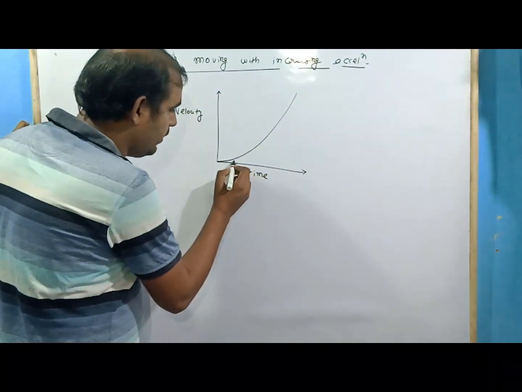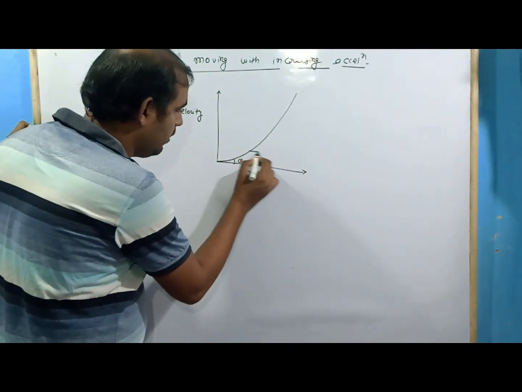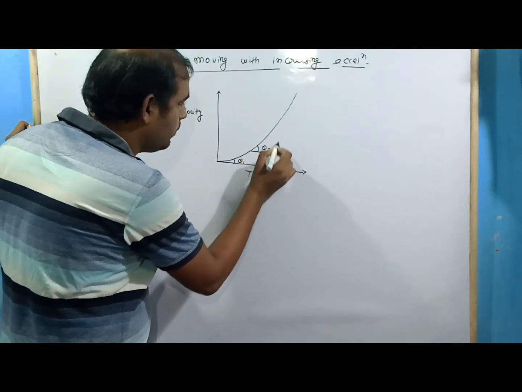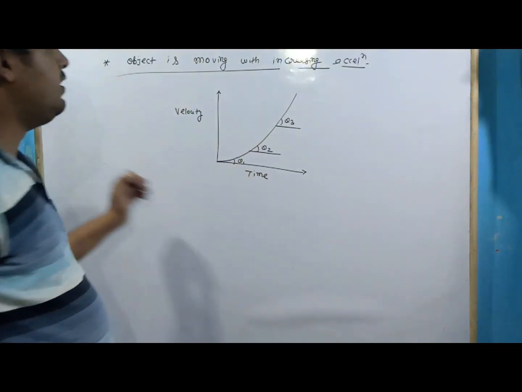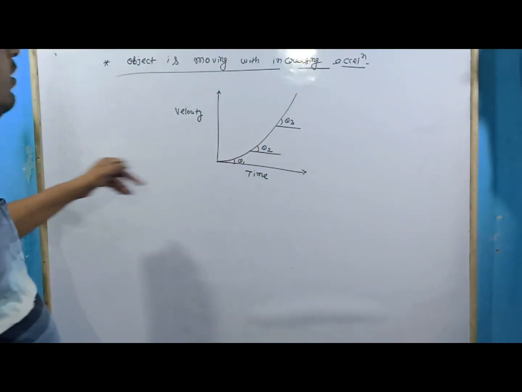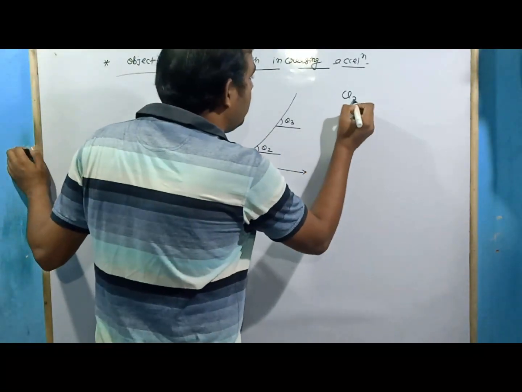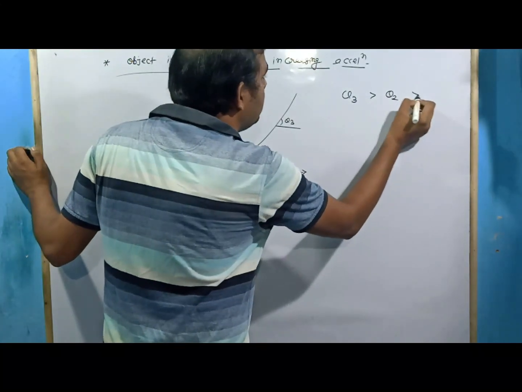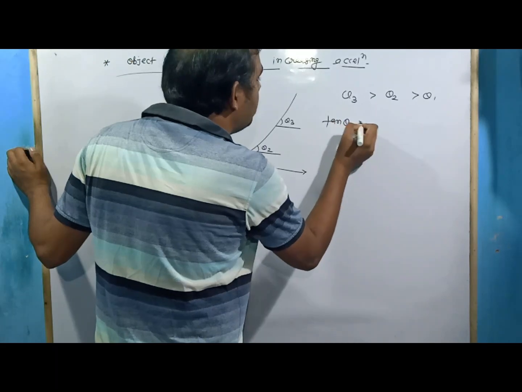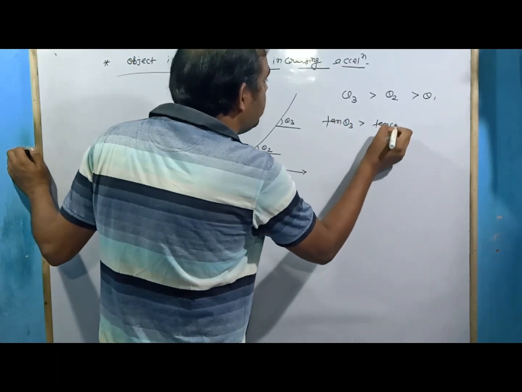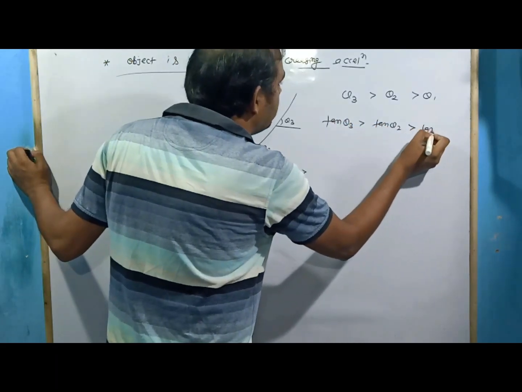where I can see that this is the angle theta 1, this is the angle theta 2, this is the angle theta 3. Now we can see that theta 3 is greater than theta 2, which is greater than theta 1. So I can also write that tan theta 3 should be greater than tan theta 2, which should be greater than tan theta 1.